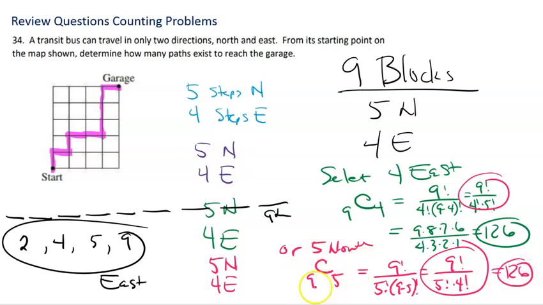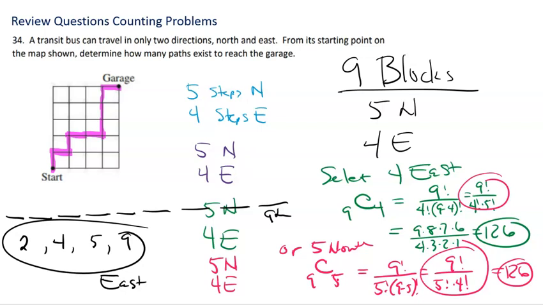If you thought about it this way, you would pick 5 different blocks, maybe block 1, block 2, block 5, block 8, block 9. Then all the others would be in an easterly direction, and you will still get there. It's 126 paths, no matter which way you go about it.